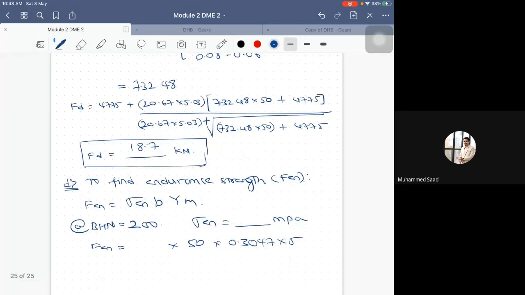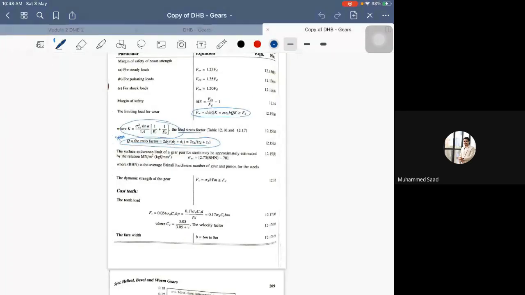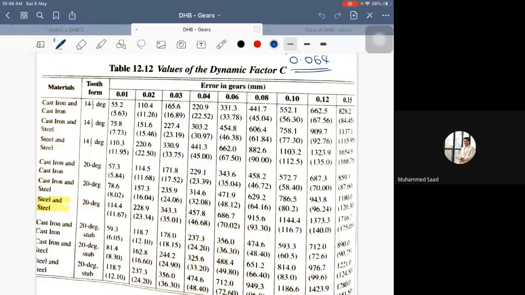Give me the value of FEN in megapascal. 345. That's great. From where did you get that value? The table number? 12.15. Okay, here it is.